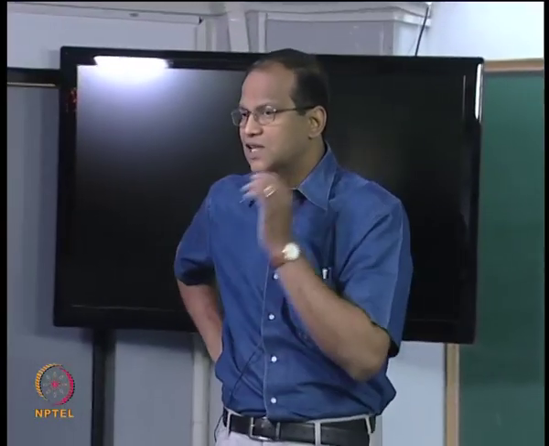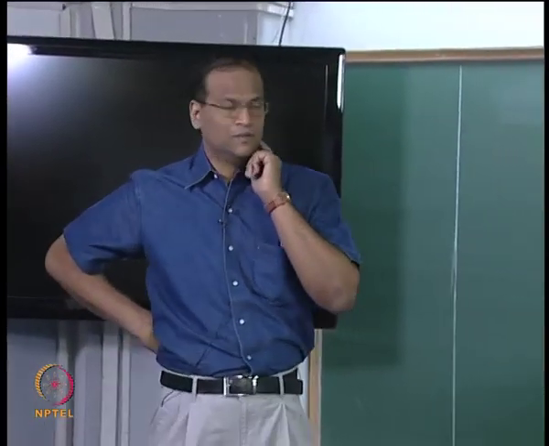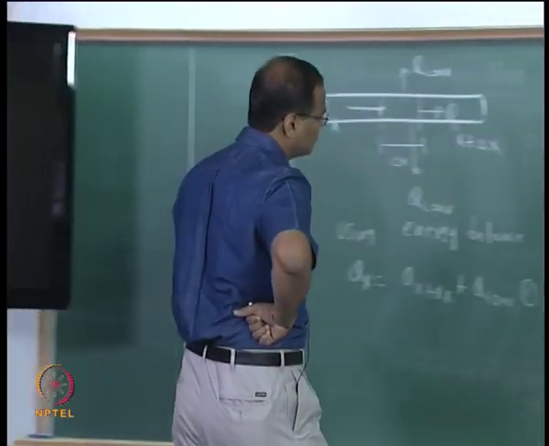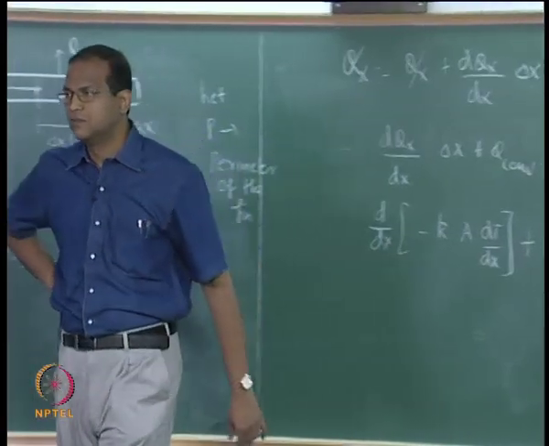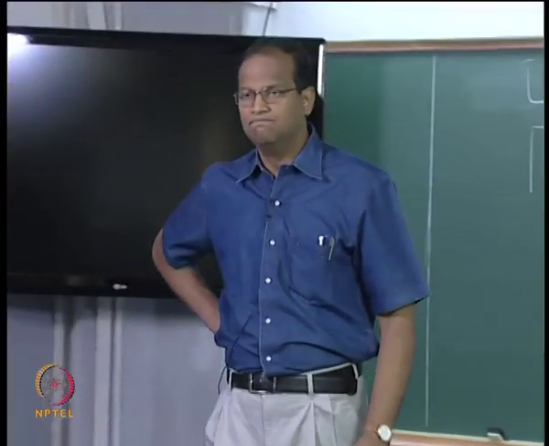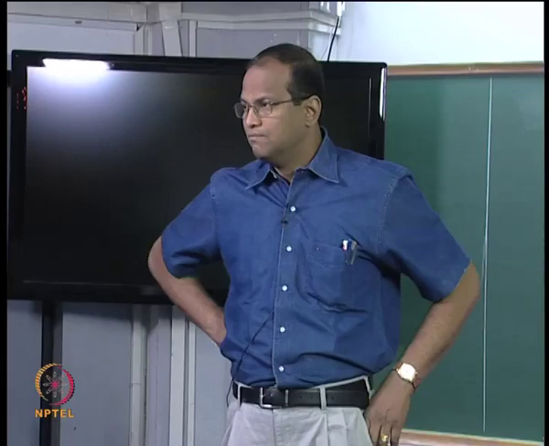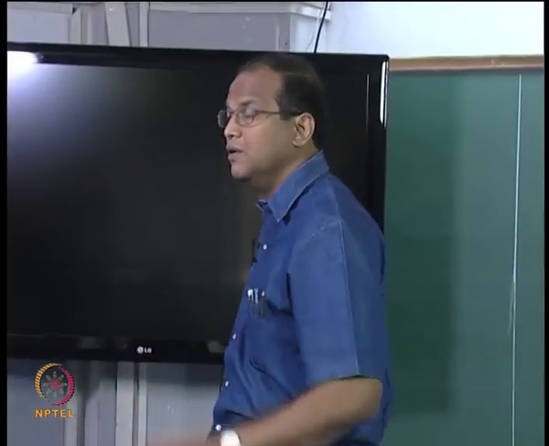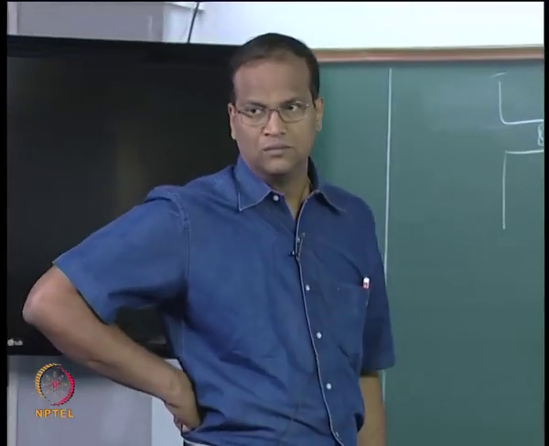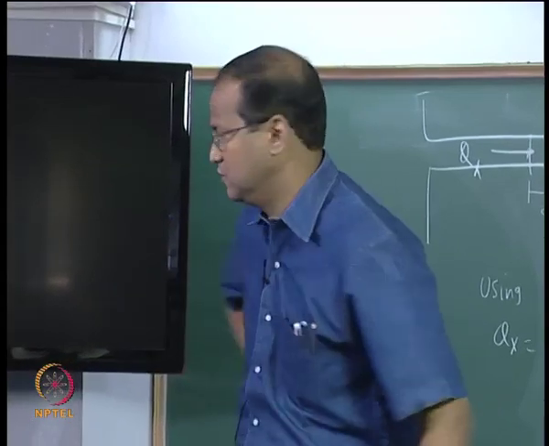The elemental area of that slice is P delta x. Watch out, A is the cross sectional area, W into T. The Fourier's law is always for the cross sectional area, right? Newton's law of cooling is always for the surface area. Okay.